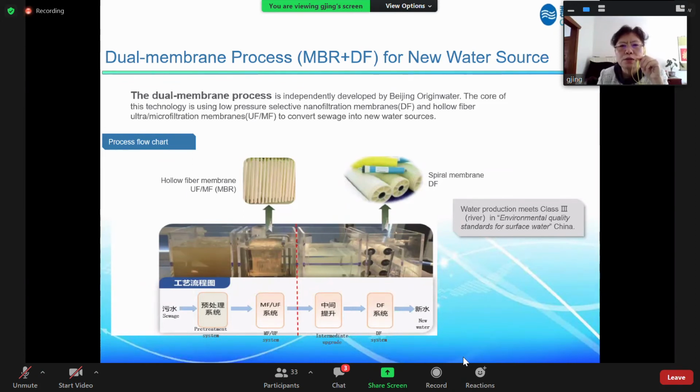So we need to make more water supplements in a short time. So we developed the process of MBR plus nanofiltration plus DF to make new water source.